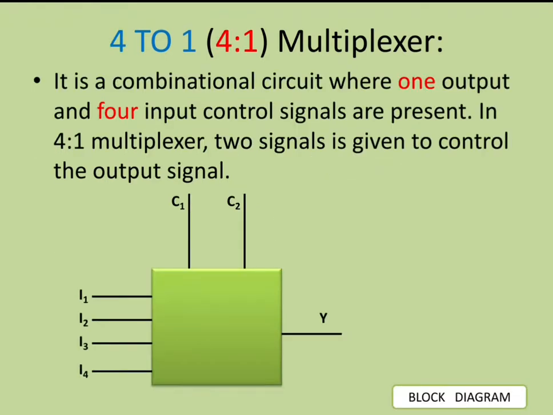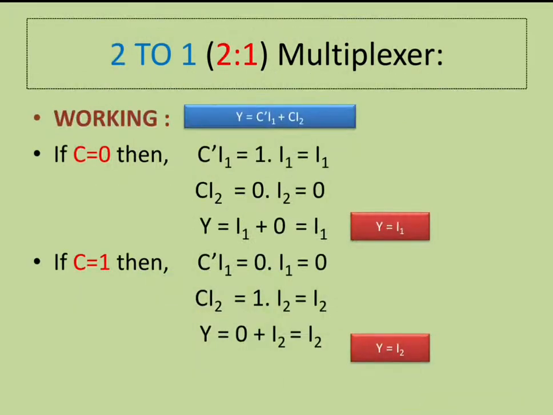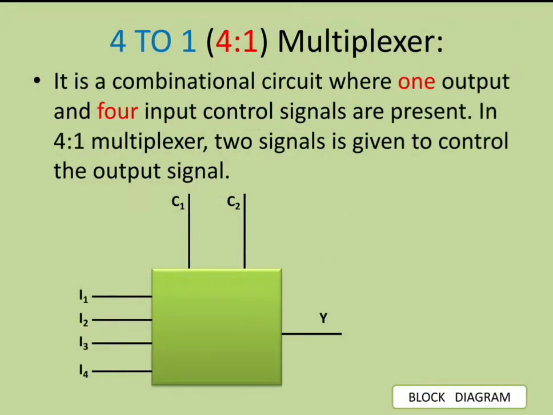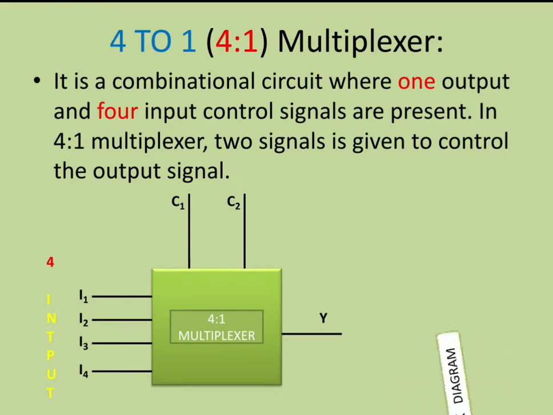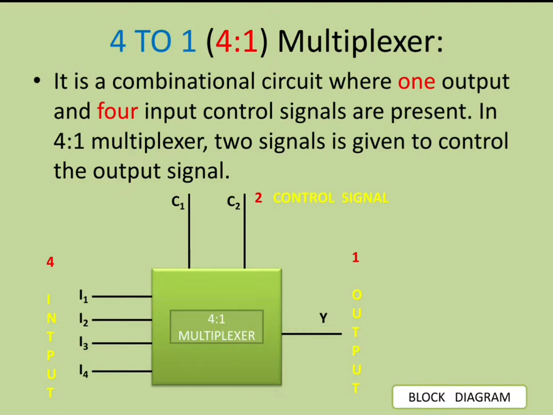Now see, we are having 4:1 multiplexer in which we are accepting 4 inputs and providing 1 output. But we have to remember, for this we require 2 control signals. See, the diagram is in front of you all. In this diagram, we are having 4:1 multiplexer, 4 inputs and 1 output with 2 control signals.